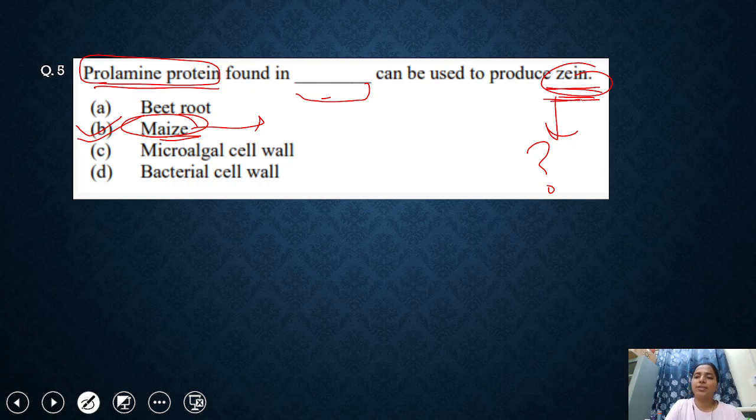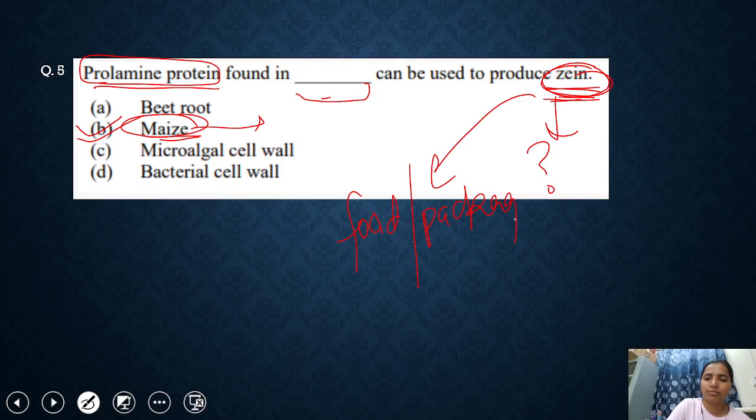But why do we want this zein? Okay, this zein is mainly used in the food industry, specifically the food packaging industry. The main function of this zein protein is that it locks out or does not allow moisture.